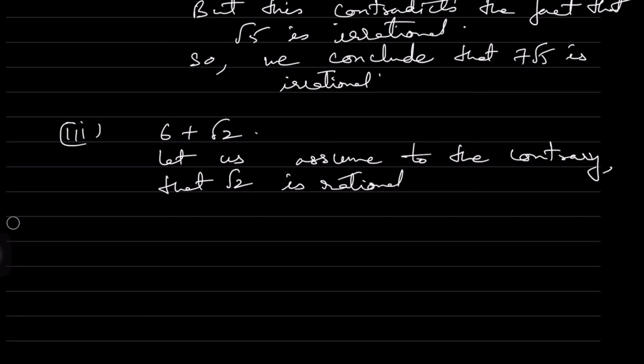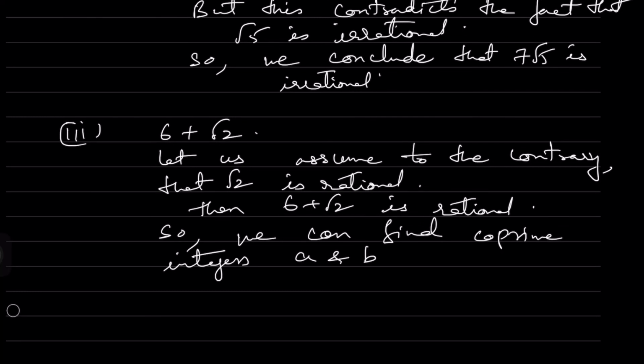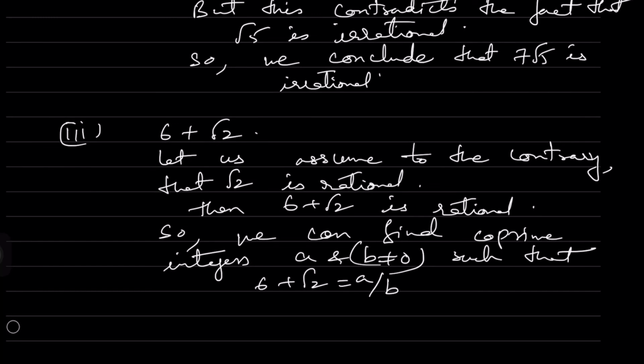So then 6 plus root 2 is rational. So we can find co-prime integers a and b, b not equal to 0, such that 6 plus root 2 is equal to a by b.